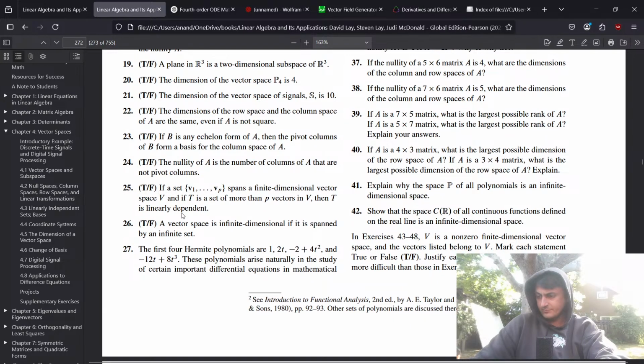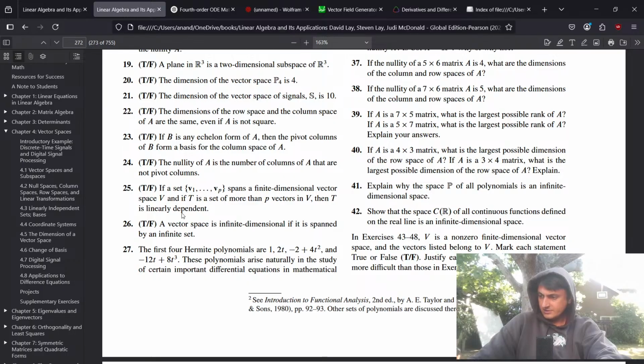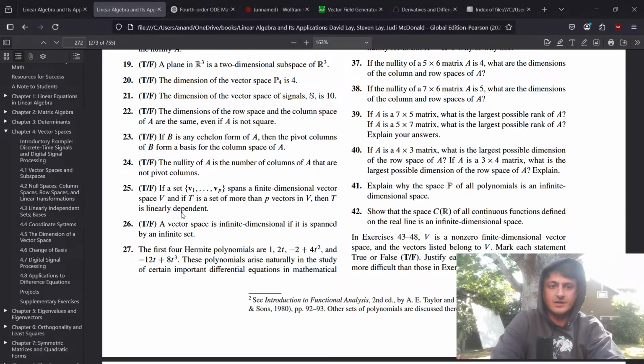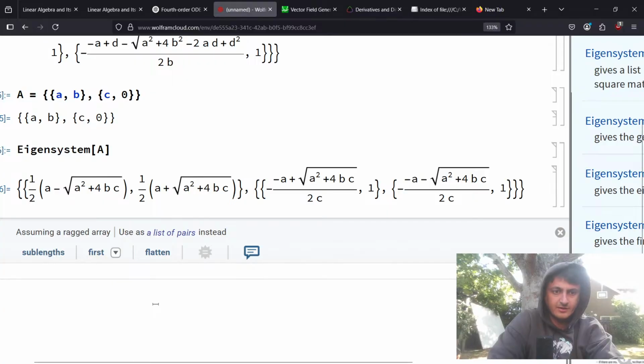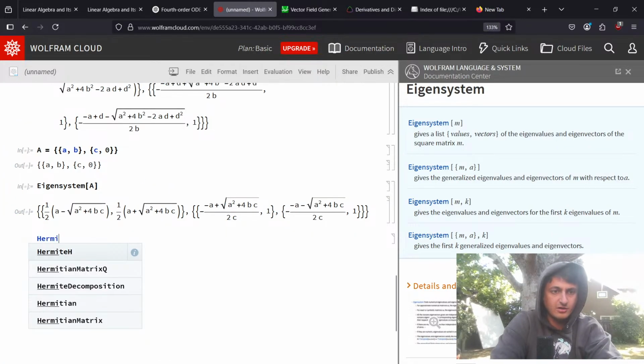Then we're going to get minus 2, 0, 4, 0. And then 0, minus 12, 0, 8. You know what? I'm actually curious. Let's just do both. Out of curiosity, I always like to do both. Hermite.